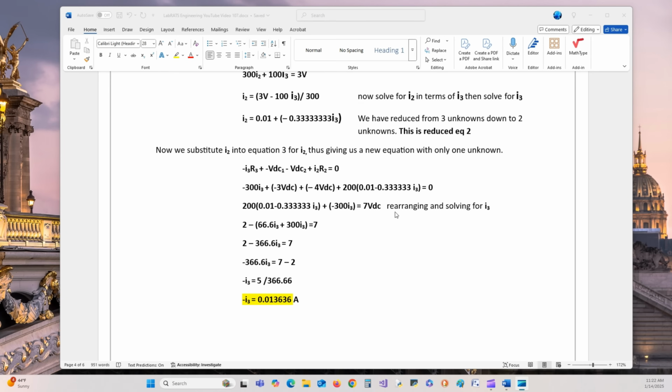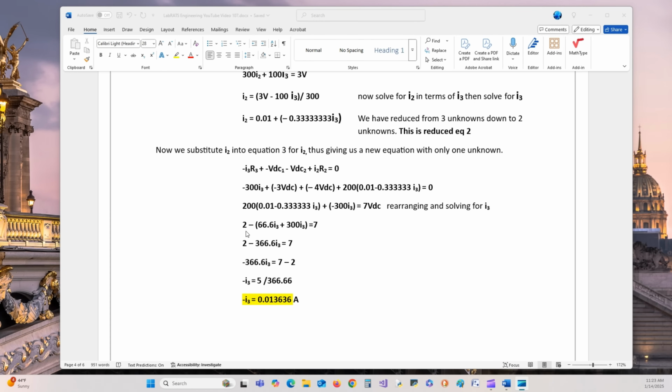That reduces to this equation here, which is 200 times 0.01 minus 0.3333 times I3 plus a negative 300 I3. Remember, we don't want to drop our sign. That's right here. Equals 7 volts DC.